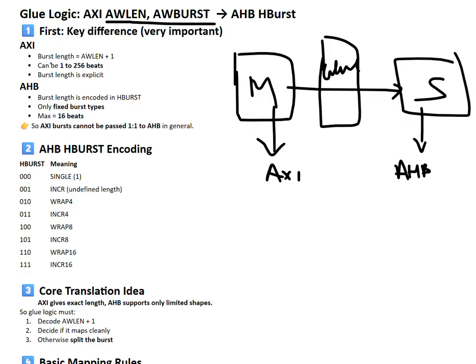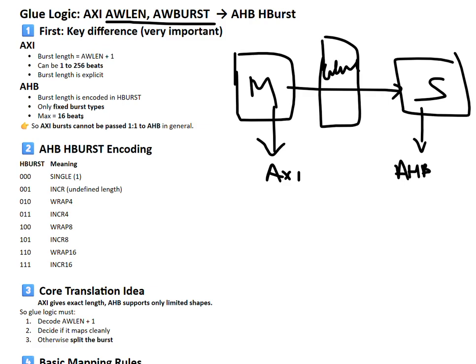So the key difference, let us see, between AXI and AHB. The burst length happens to be actually AW length plus 1. So it can go from 1 to 256 beats. The burst length is an explicit signal here. But in AHB, the burst length is encoded within the HBURST itself, and we don't have it as a separate signal. And we only have fixed burst types here, and the number of beats is also fixed as per the encoding.